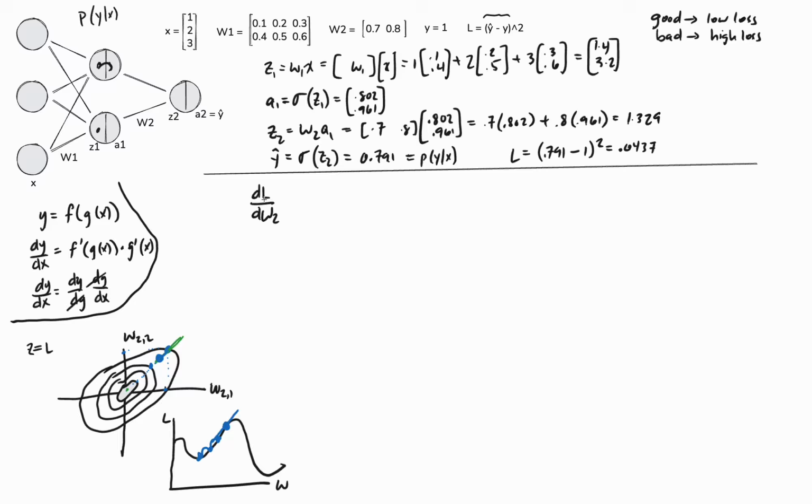What's the derivative of the loss function, this topology, with respect to our weights in the W2 matrix? Because we're going to use that information to update our weights, to make them a little better. That's how we train the model.